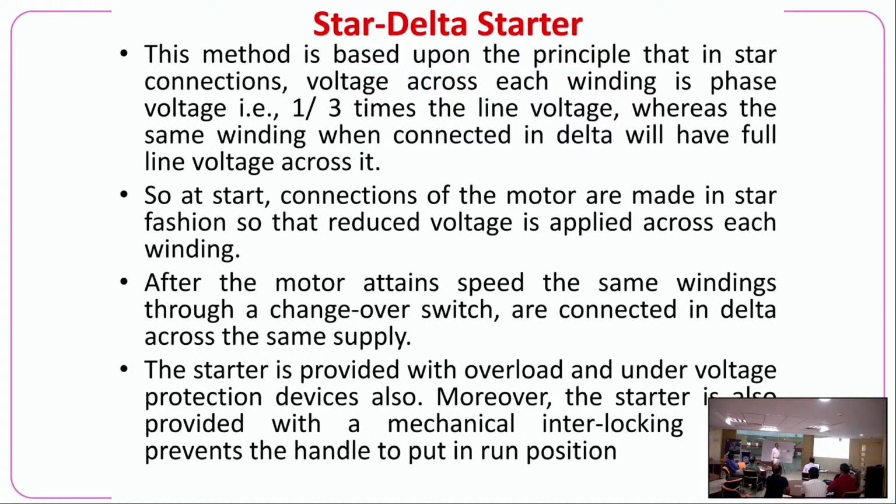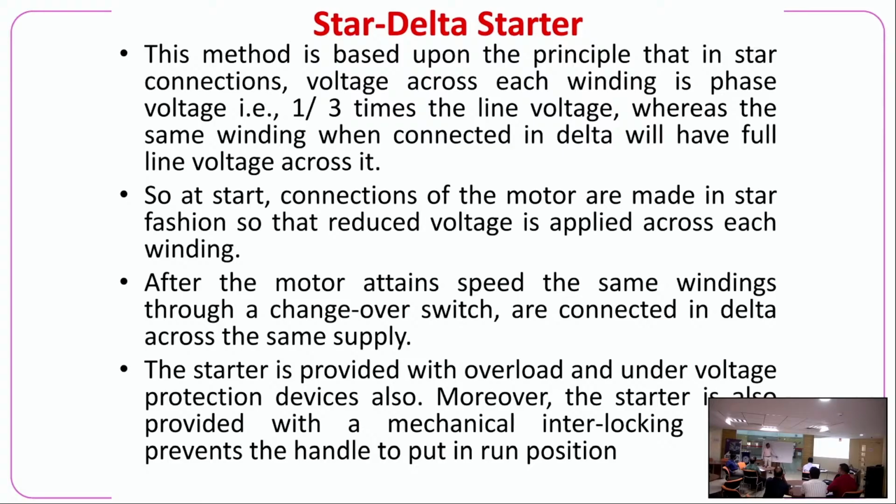That is 1 by root 3. It was written by mistake. In star connection, phase voltage is line voltage by root 3, that is, rated voltage by root 3. So if we start with star connection, we reduce the voltage by factor 1 by root 3.